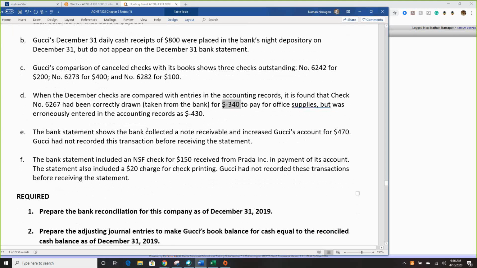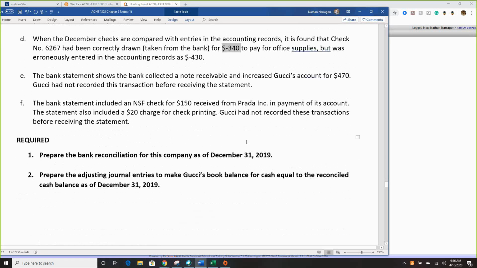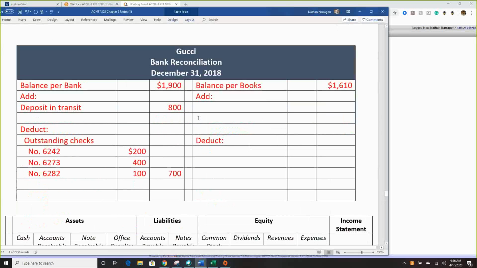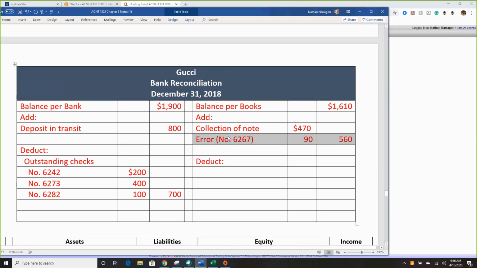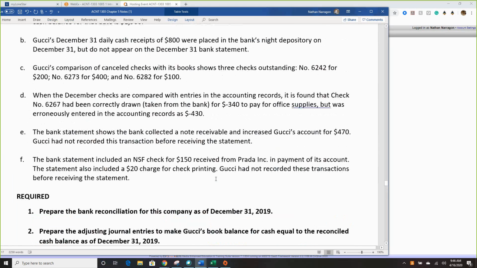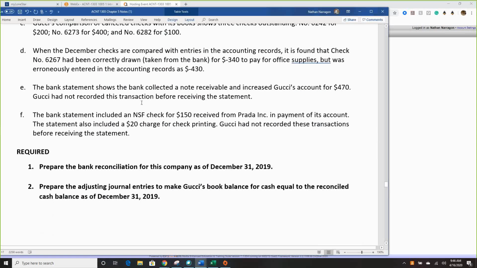Good. So we add the error in. Errors take a little bit, but as long as you can piece out what's happening in cash, the original transaction and the error transaction, you can figure out what you need to do to get to the other number.